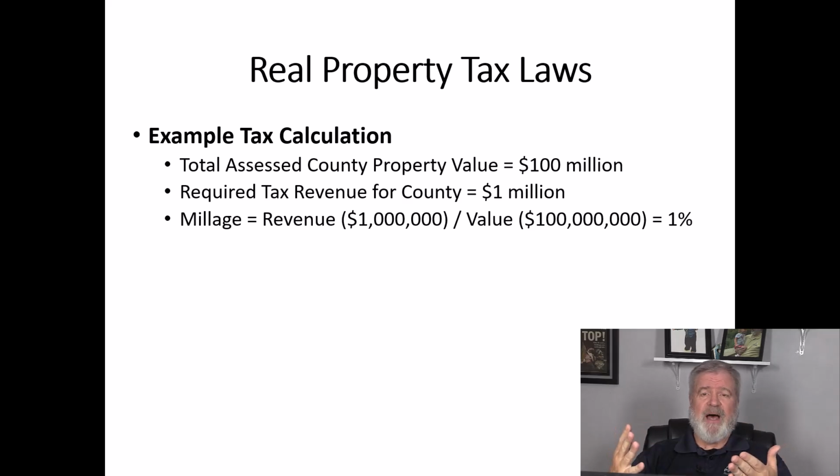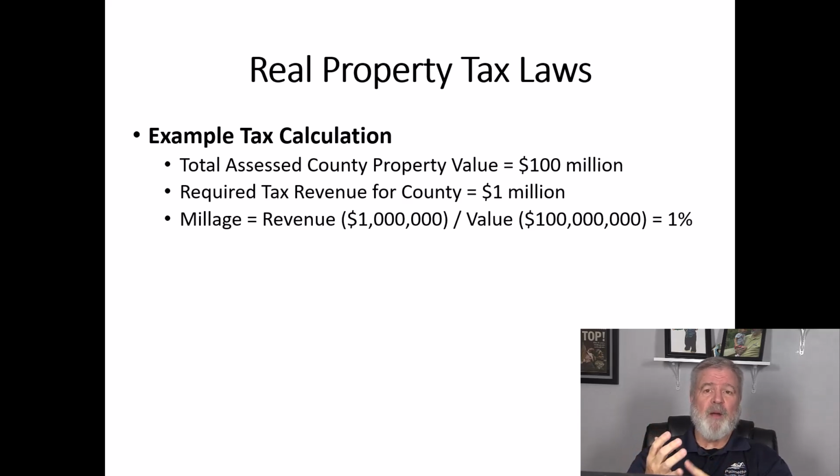So again, if you think about it, obviously if your house is worth $100,000, you're not going to be paying nearly as much as the person that owns a house worth $500,000. I'm not sure if I said that right. Let me say it again.